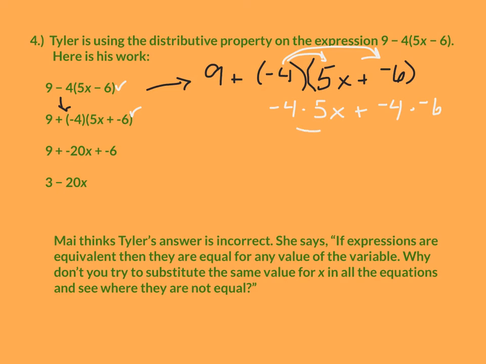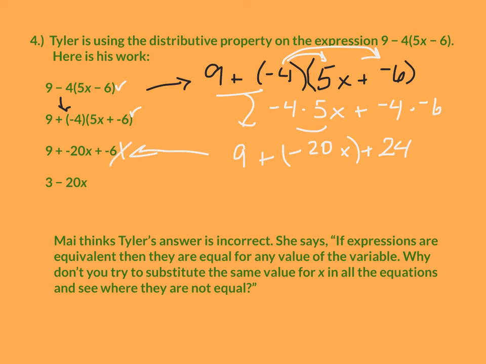Negative 4 times 5x is negative 20x. And negative 4 times negative 6 is positive 24. Then I bring down the rest of it. I now have 9 plus negative 20x plus 24, which is not the same here.